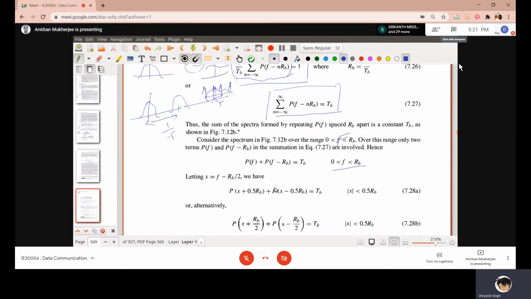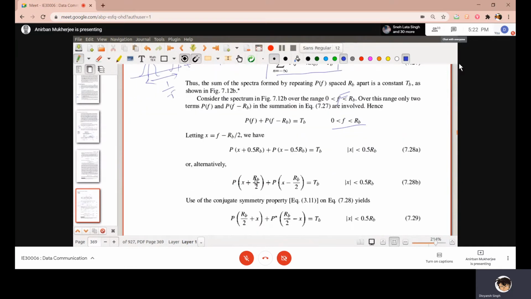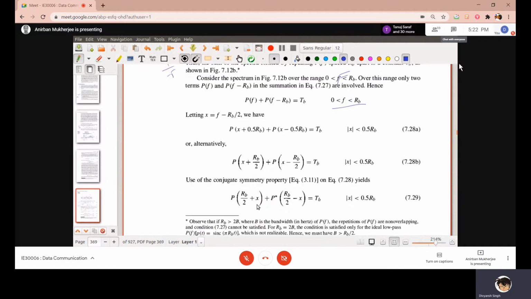Now if I change the notation a little bit, it will be like this. If I take x equal to f minus RB by 2, then I have x plus 0.5RB and x minus 0.5RB. Please remember that this p(t) is a real pulse, and if it is a real pulse, then P(f) equals P star of minus f.